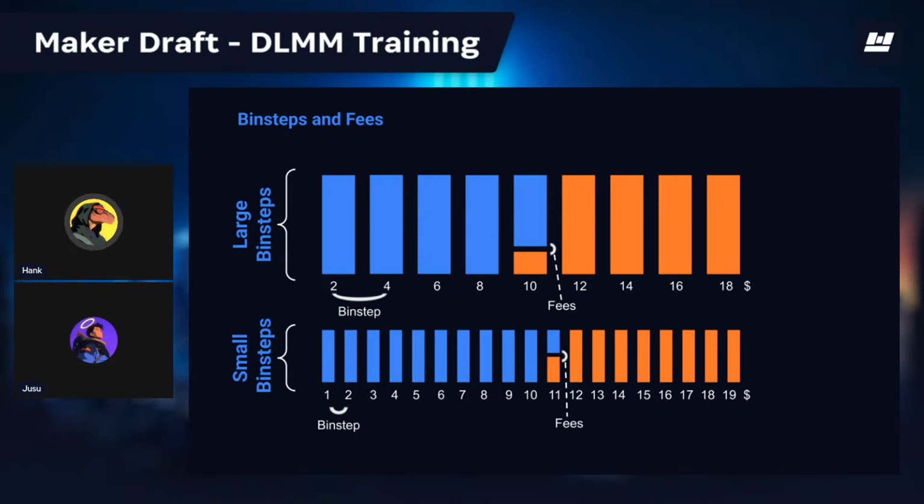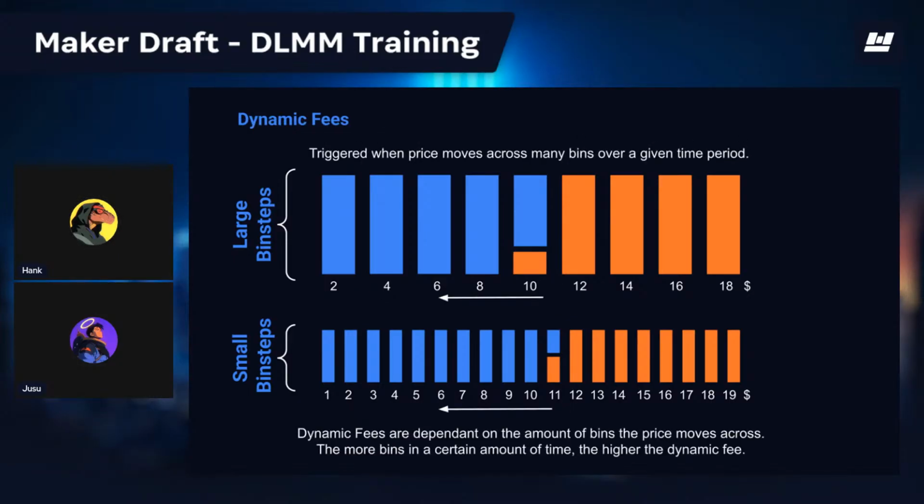This is important to understand when you manually provide liquidity. In the vaults, you do not need to care about this. But when you provide manual liquidity, it's important to have an overview and understanding of how many bins cover how much of the price range, which is shown in the front end.